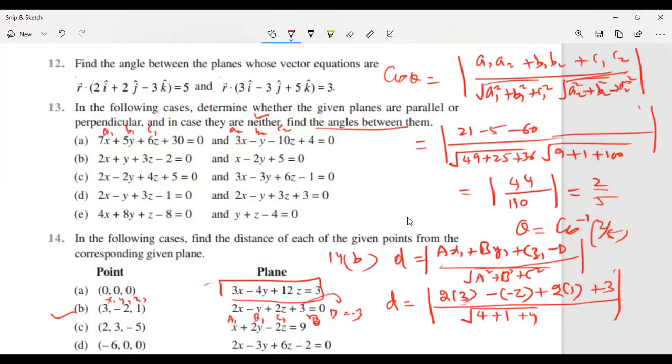So 4 plus 4 is 8 plus 1 is 9, so that is 3, and the numerator is 13. So 13 by 3. Always take d to the left hand side. The full equation will be written on the left hand side and then put the point. That's it. Do not confuse with d. So the distance is 13 by 3 units.